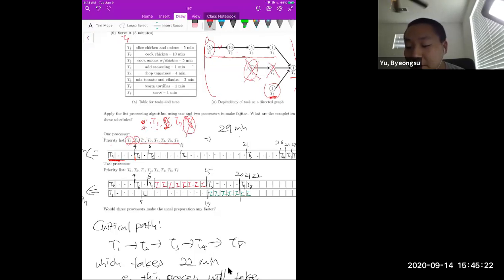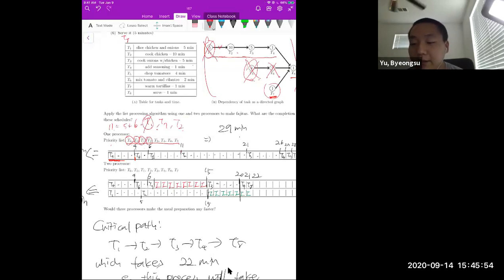Then after 2 minutes, T6 was done. So after 6 minutes total, the only available tasks are T1 and T7. Using your priority list, T1 is higher prioritized than T7. So you need to choose T1 and delete it. And T1 takes 5 minutes. So after 5 minutes, it is total 11 minutes. The ready jobs are T2 and T7, right?